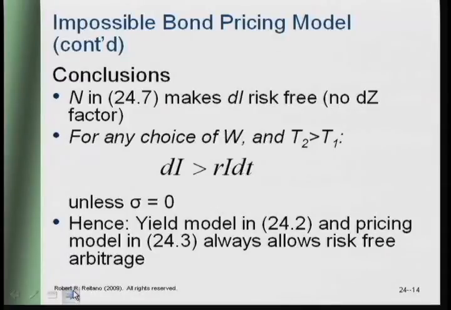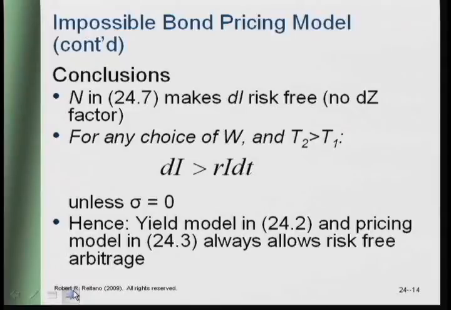And of course, if there's no volatility in the market, if we go back and look at the process for r and eliminate the volatility term, then we eliminate the possibility of arbitrage. Because what we're saying is that there will just simply be drift in the portfolio.